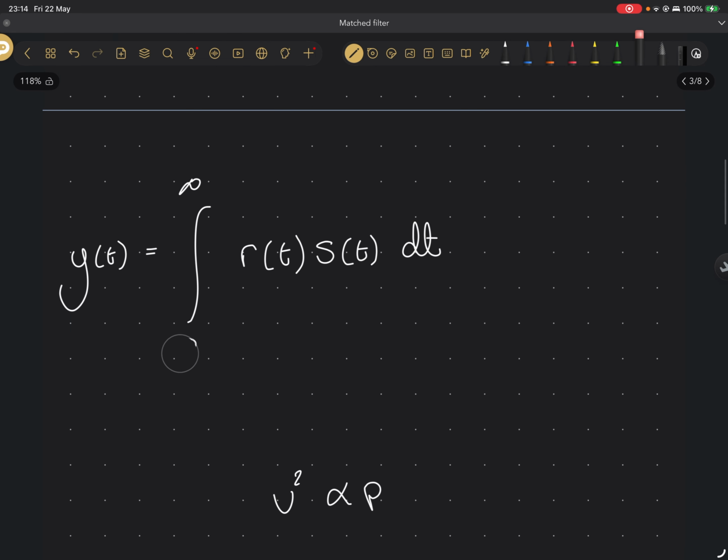In fact, this should be, instead of minus infinity to infinity, from 0 in time to t of s, just to be a bit more clear. So as I was saying, the matched filter effectively accumulates the energy of the signals that resemble the waveform it was designed for. So we can modify our waveform that we are trying to detect, S of t, and we can choose what sort of signal would be closest matched to our received signal.